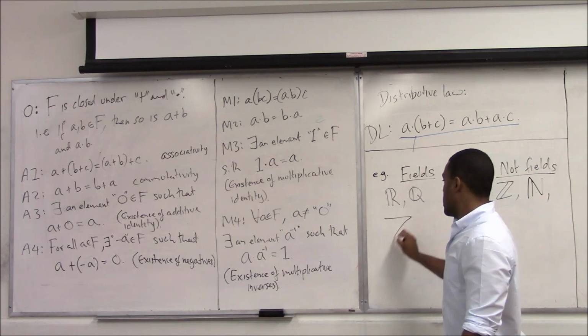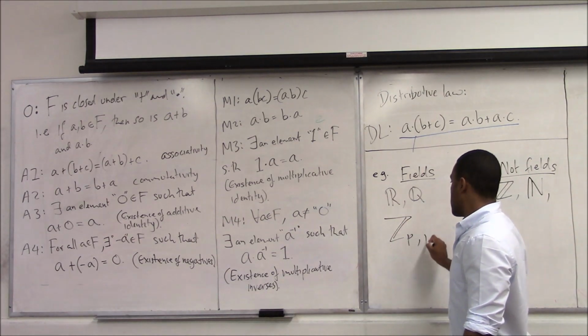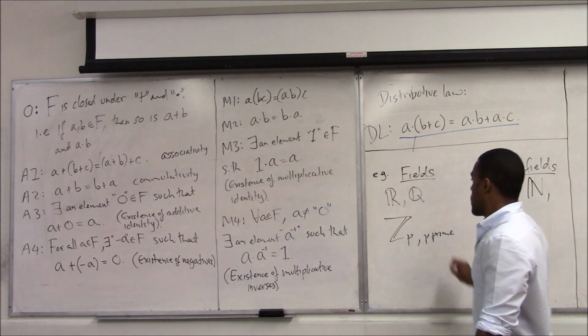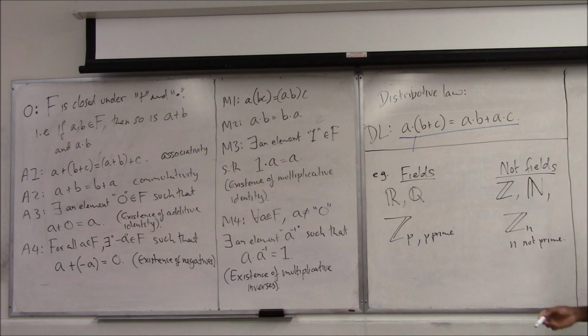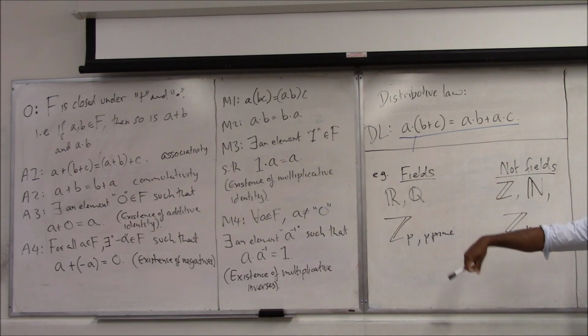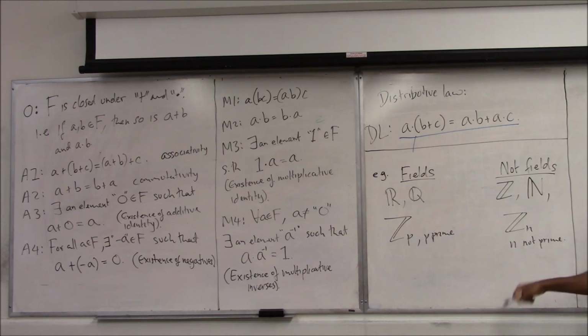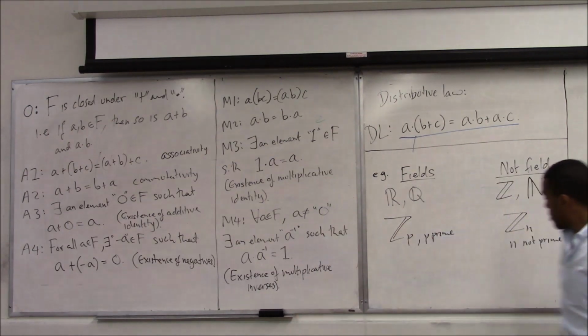Another field over here is Z mod P, where P is prime. Things over here, Z mod N and non-prime. If you look at Z mod N, as I described it back when we were doing chapter 8, you'll notice that if your N is not prime, it will fail at some of these properties. It will fail even here.